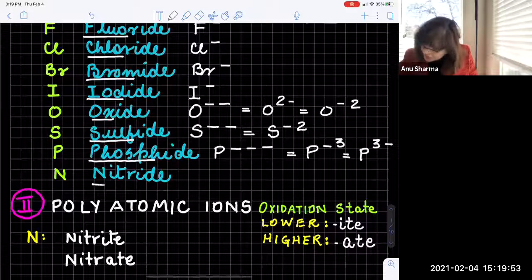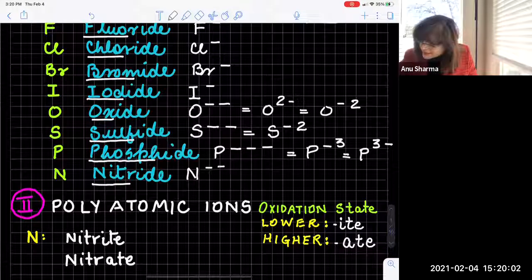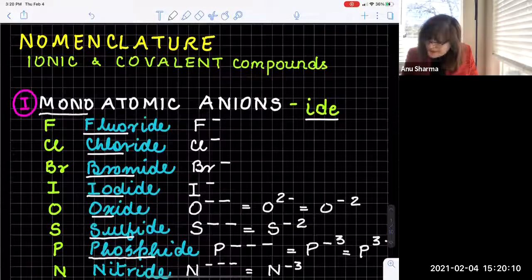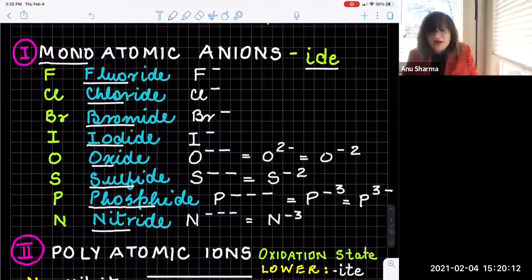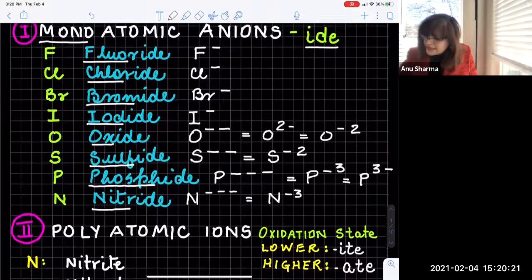Similarly, nitrogen becomes nitride, and nitrogen is in group 5A, so the charge is -3, and we can write it as N -3. Okay, so these are the monoatomic ions. When we say mono, it means that these elements are just by themselves. When they attach to a metal, their names are going to end in ide.